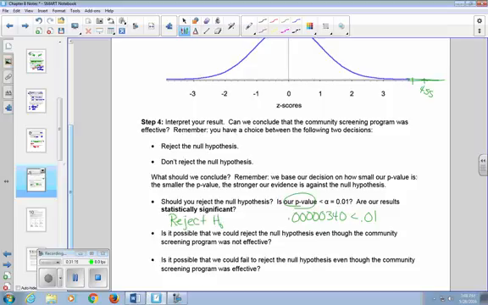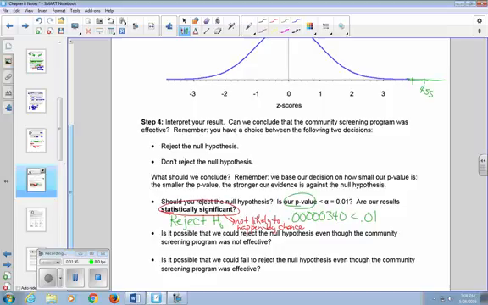In other words, we have a statistically significant result, and this means that it's not likely to happen by chance alone, if the null hypothesis is true.